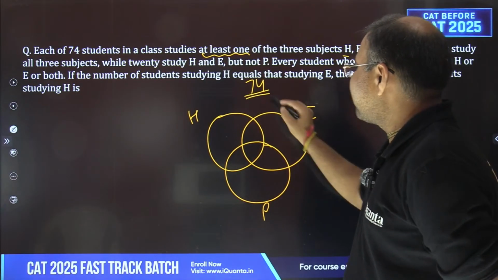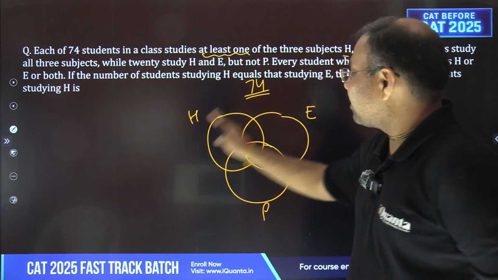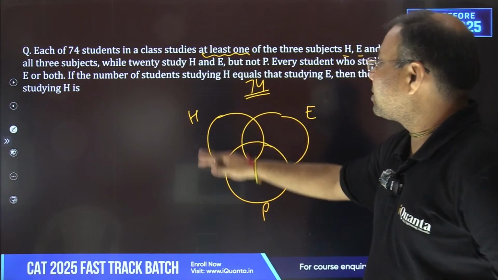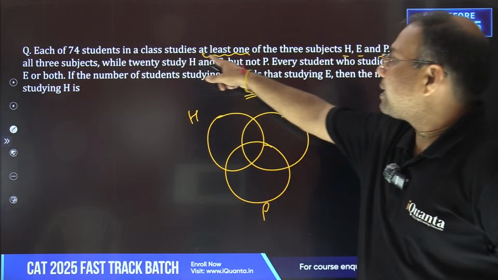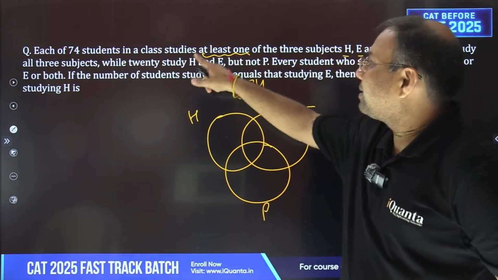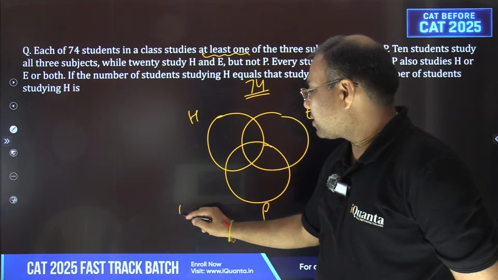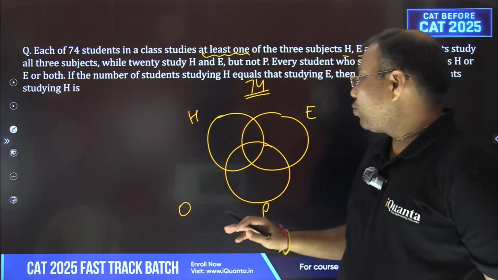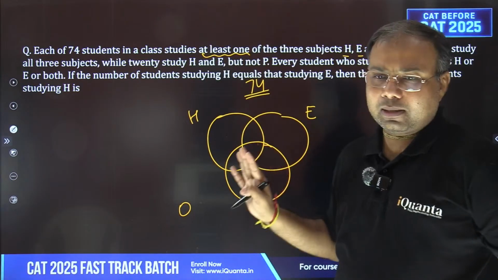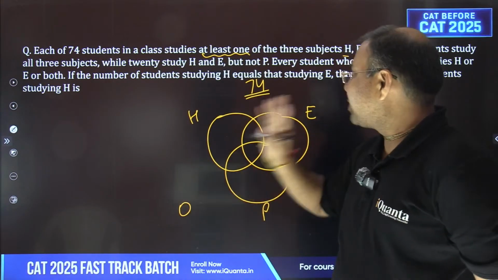This 74 denotes the entire sum of all the numbers within these three circles, because it clearly mentions that each student studies at least one of the three subjects. That means there is no student who is not part of any of these three subjects. So outside is 0 basically.